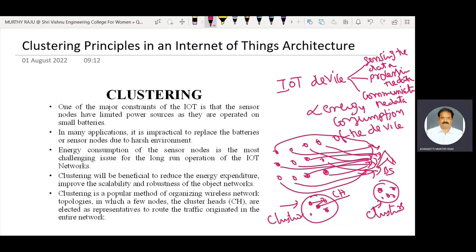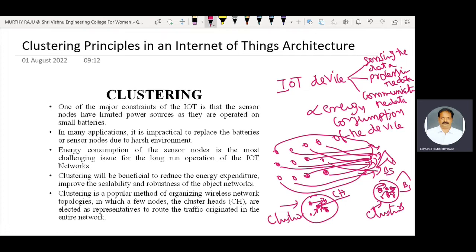These devices directly send the information to the cluster head. Here there are 5 IoT devices and 1 cluster head. These 5 IoT devices directly send information to the cluster head. Only cluster heads are responsible for sending the information to the base station.